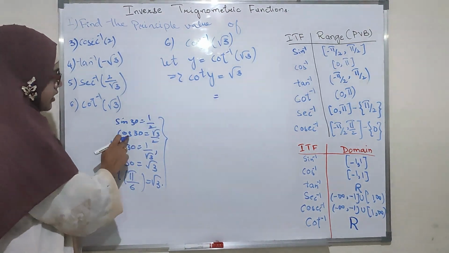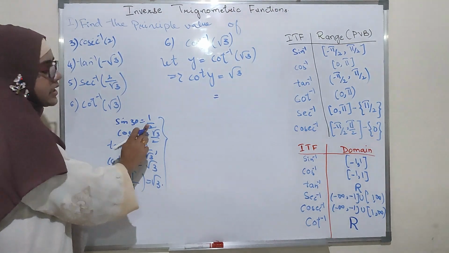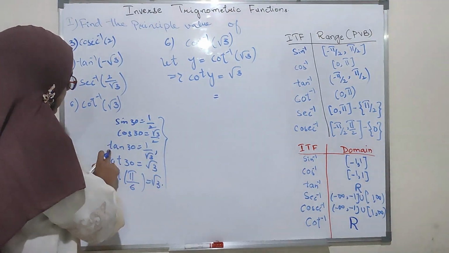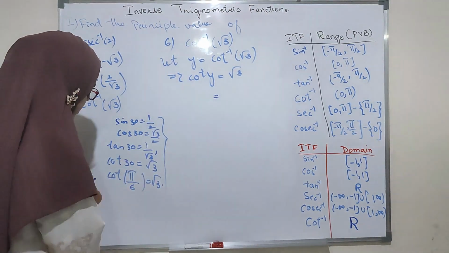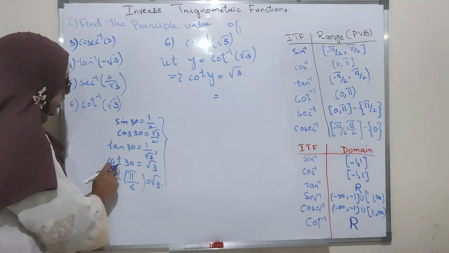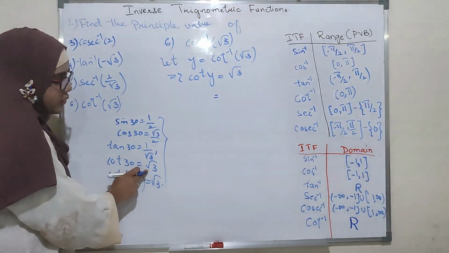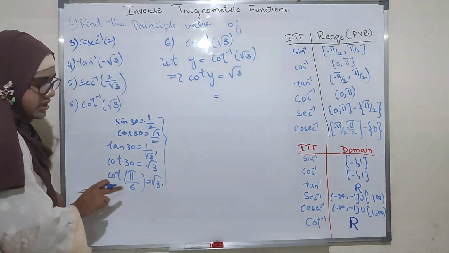Sine 30 is half and cos 30 is root 3 by 2. Tan is sine by cos, so the 2s cancel, giving 1 by root 3. So tan 30 is 1 by root 3. Cot means reciprocal, so it is root 3. 30 in terms of radian is pi by 6.